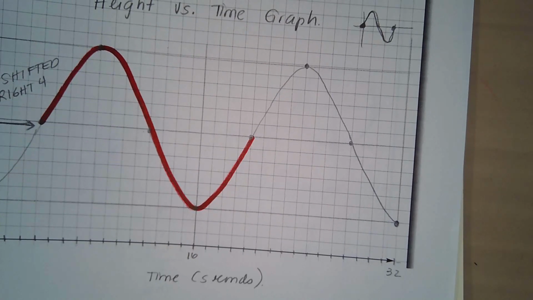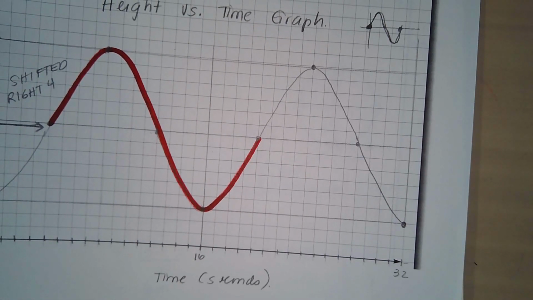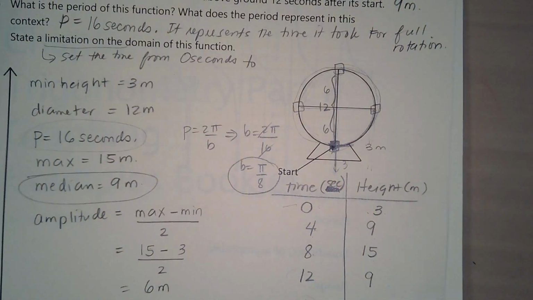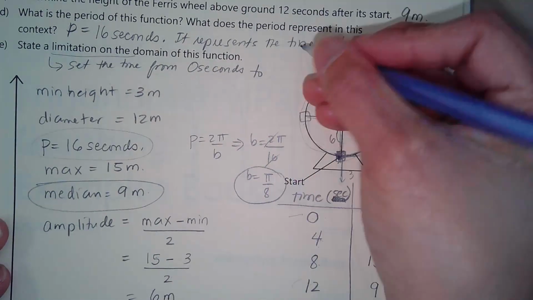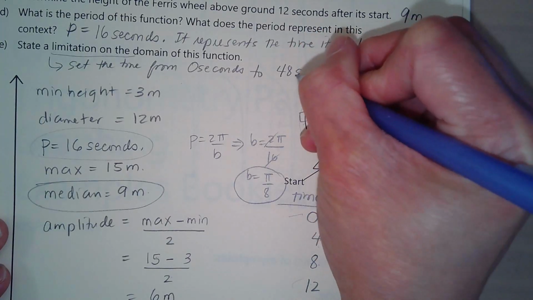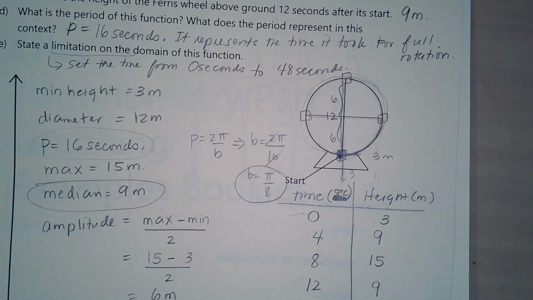Yeah, that's right. So we can go 32, 48 seconds, so maybe 48 seconds. That's going to give us three full cycles to 48 seconds. Okay, so that gives us 3 full rotations.